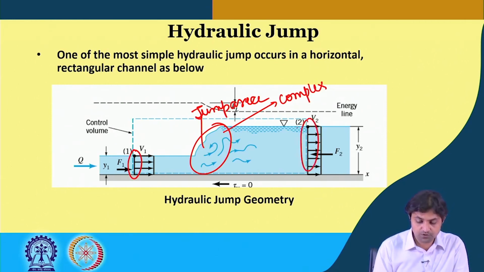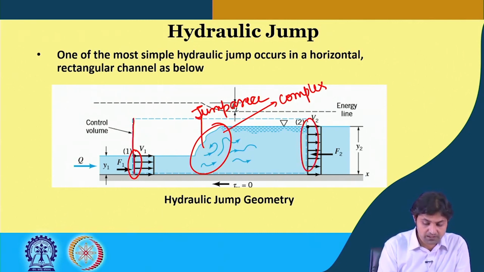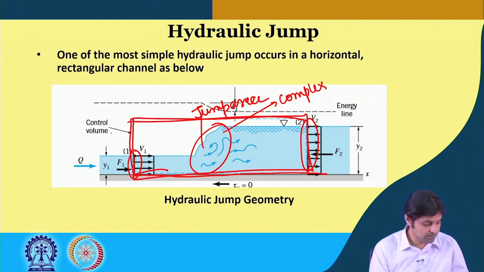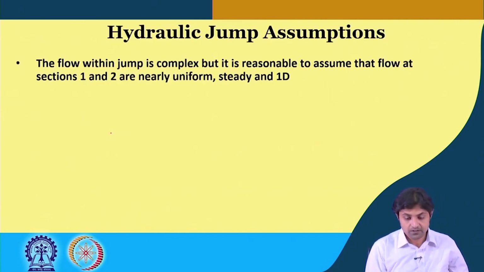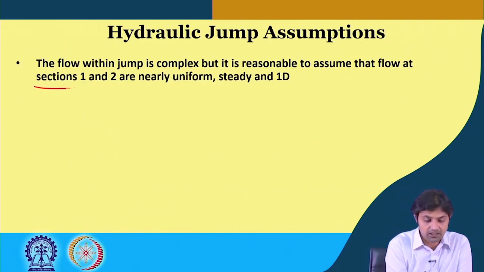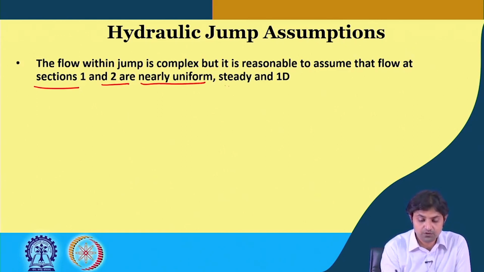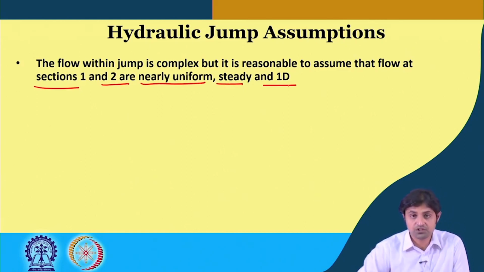The control surface that we have assumed starts at section 1 and goes like this and finishes at section 2. So, this is the control surface that we have taken. At sections 1 and 2 we are taking the flow to be nearly uniform, steady and one dimensional in nature.